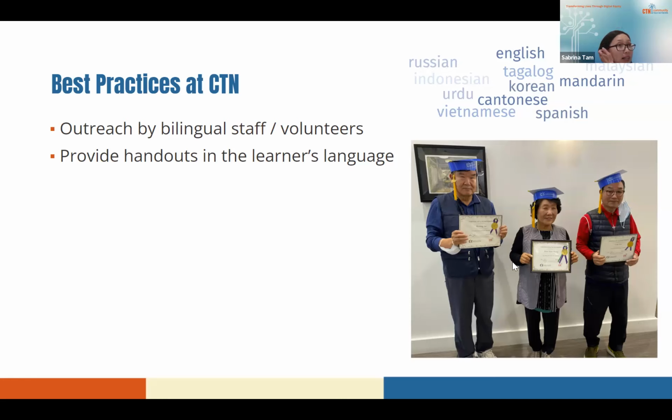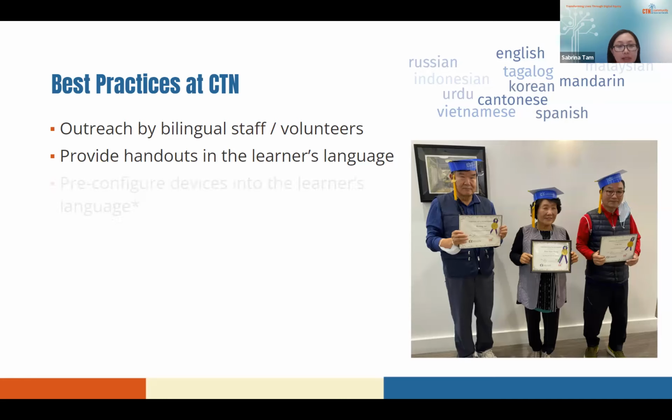And when you provide materials in, let's say, Chinese, you want to be aware of the simplified Chinese versus traditional Chinese as an example, and the terminologies that you use. So Josie can give you a little bit more examples when we talk about the curriculum development.